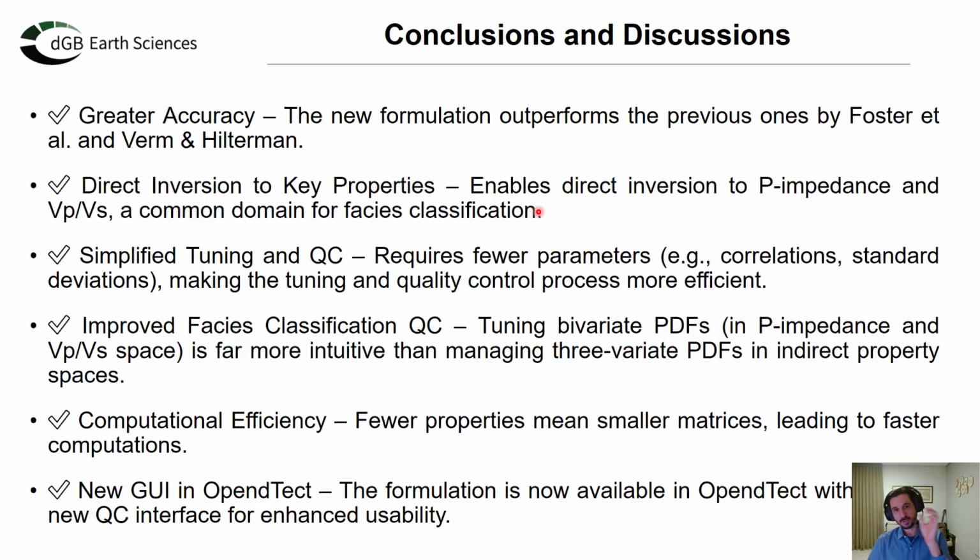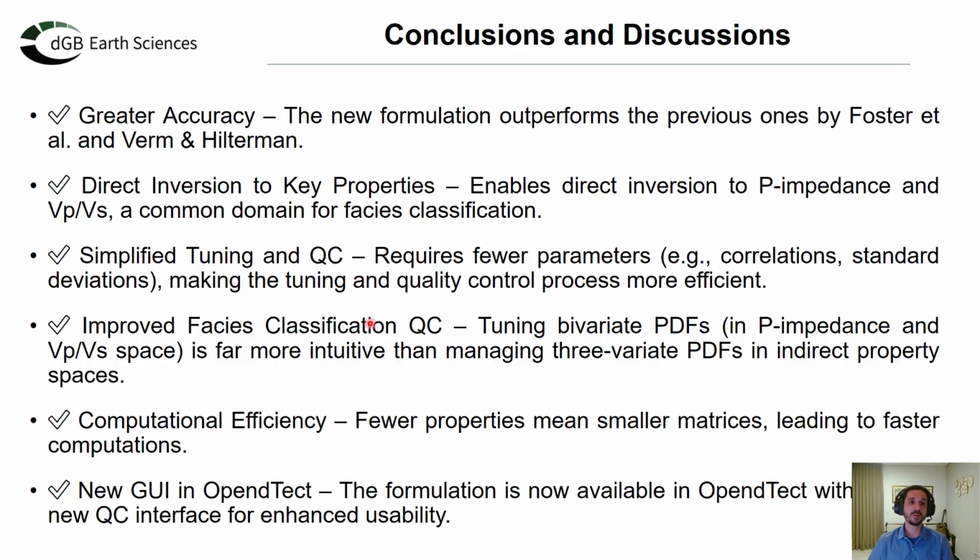So we can invert directly to P-impedance and Vp-Vs ratio, which is the domain for facies classification. So the BLI with this formulation also makes the tuning and quality control easier because you have fewer parameters, for example, fewer correlations and standard deviations of the prior. So it makes the tuning and quality control process more efficient.